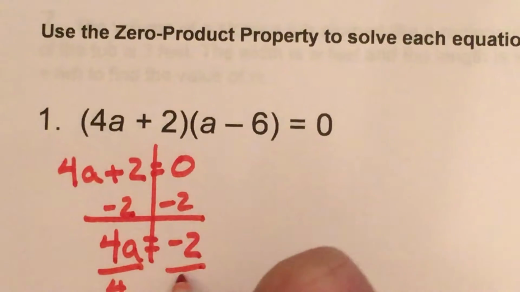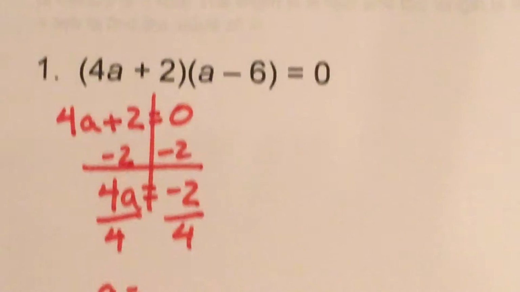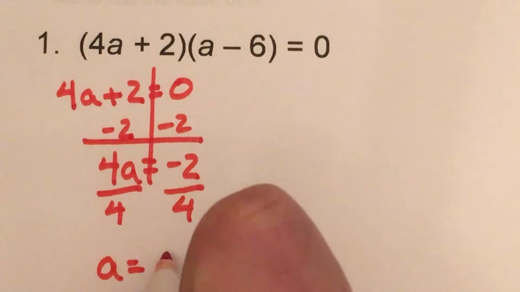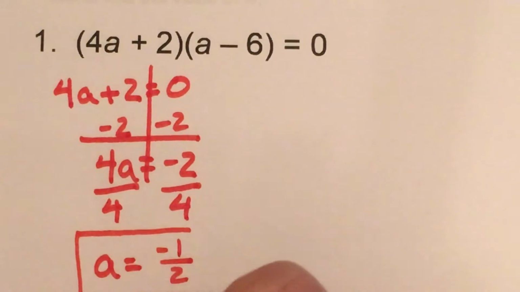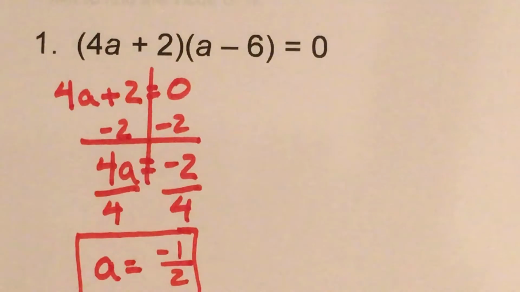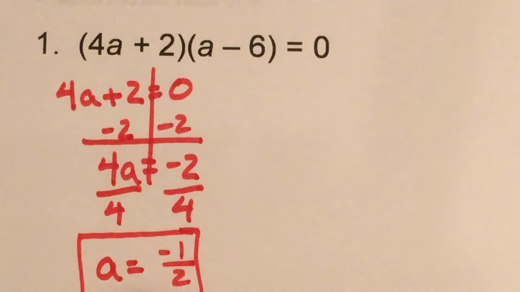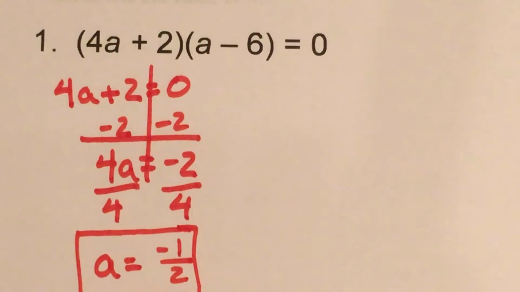Divide by 4 on both sides of the river, and a equals -1/2. So there will be an x-intercept, a root, a 0, a solution at -1/2. That was pretty great.